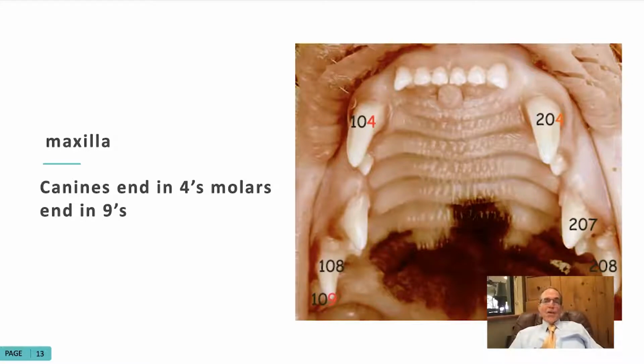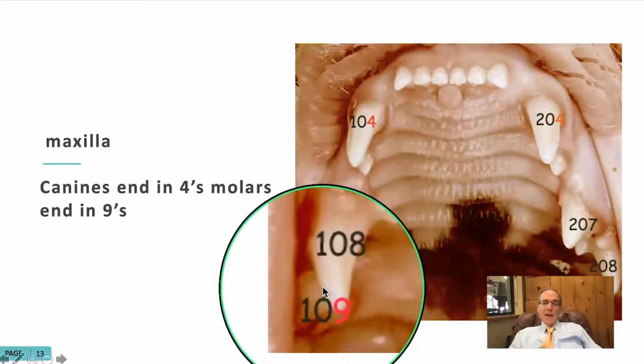So your maxillary right canine is 104, left canine is 204, left mandibles canine is 304, right mandible canine is 404.